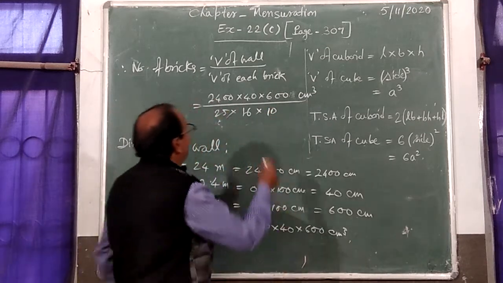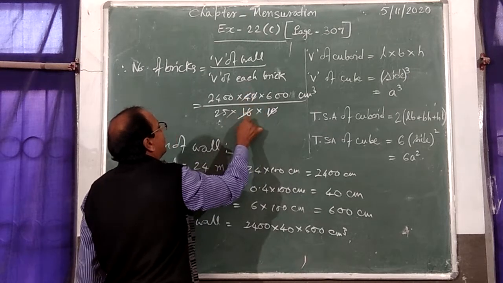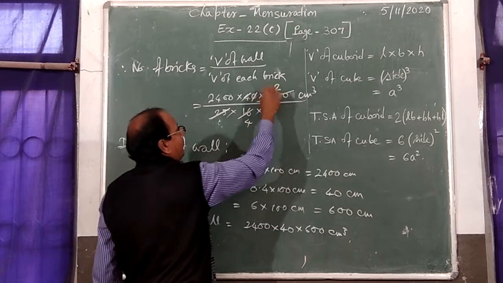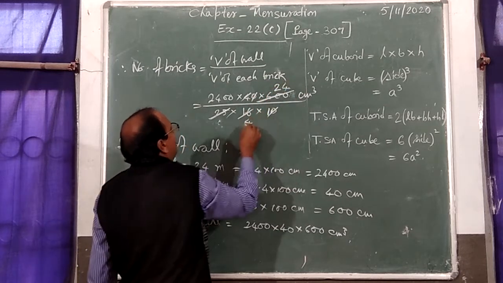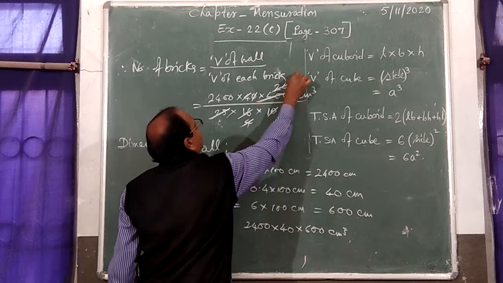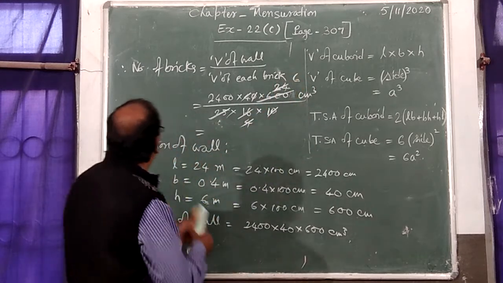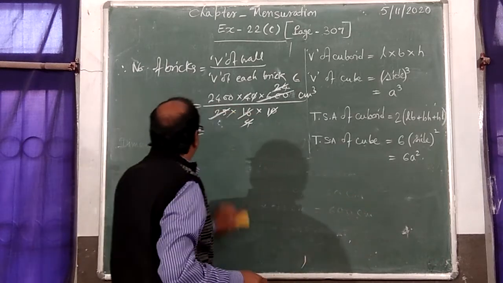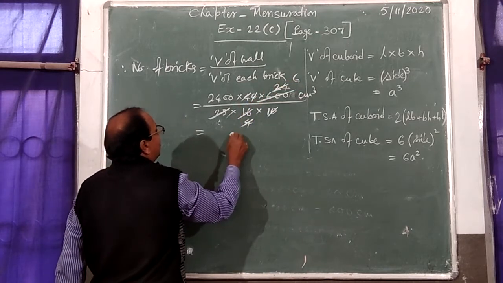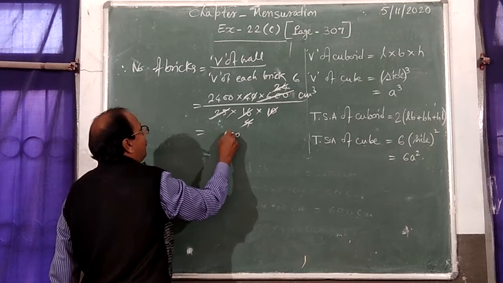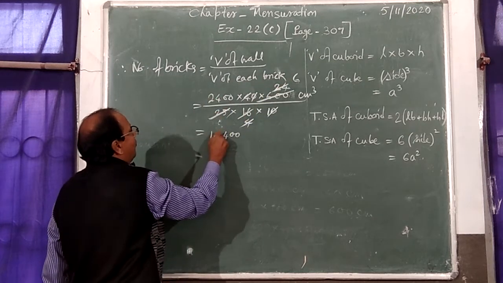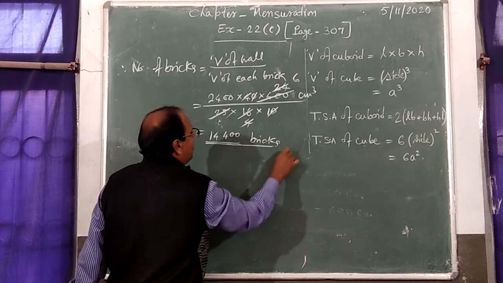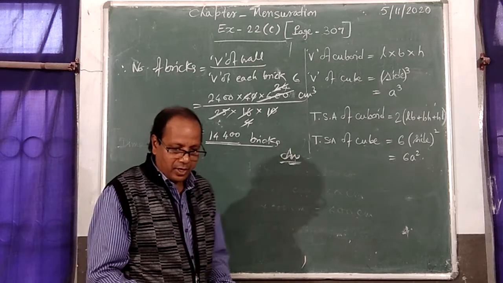Okay, let's do: 0 cancel, 4 16 cancel, 25 to the 50, 100, 24, 4. So 4 6, now if we multiply 2400 into 6, then we'll get here number of bricks. So 600, 6 4s are 24, 4 2 in hand, 6 2s are 12, 14400 number of bricks are required. So this is your answer, right?